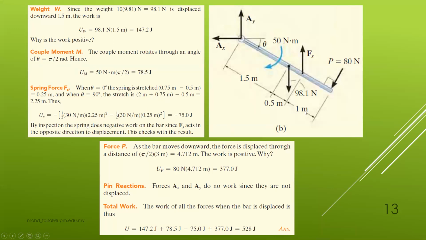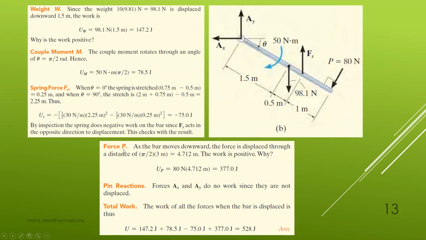Why is it negative? Because you see that this is pointing upwards, so then this is the case. By inspection, the spring does negative work on the bars in the opposite direction to the displacement. Okay, so it is like that.